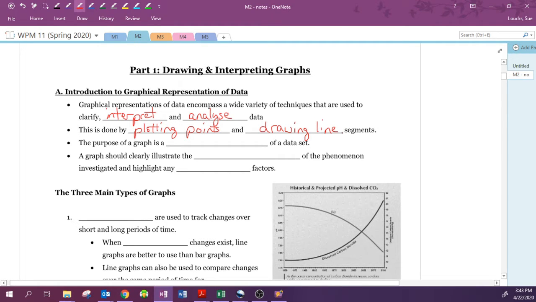The purpose of a graph is a visualization of a data set. A graph should clearly illustrate the general behavior of the phenomenon investigated, and highlight any important factors.